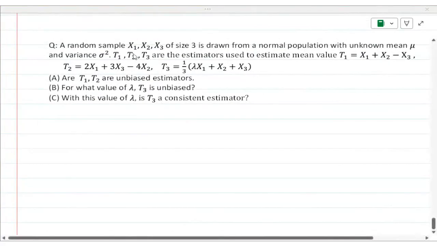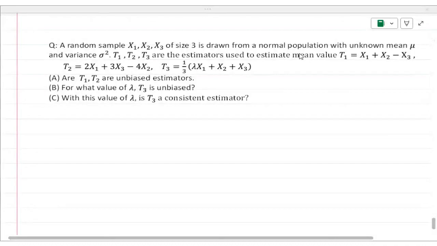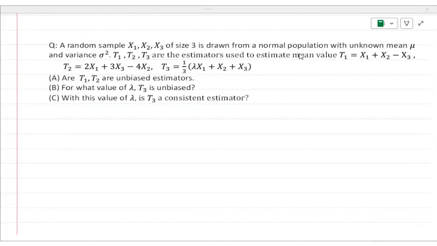Do see this question carefully because, as I've told you in Unit 5, there are very few problems which are repeatedly asked. So focus on this problem because this is one of such problems.